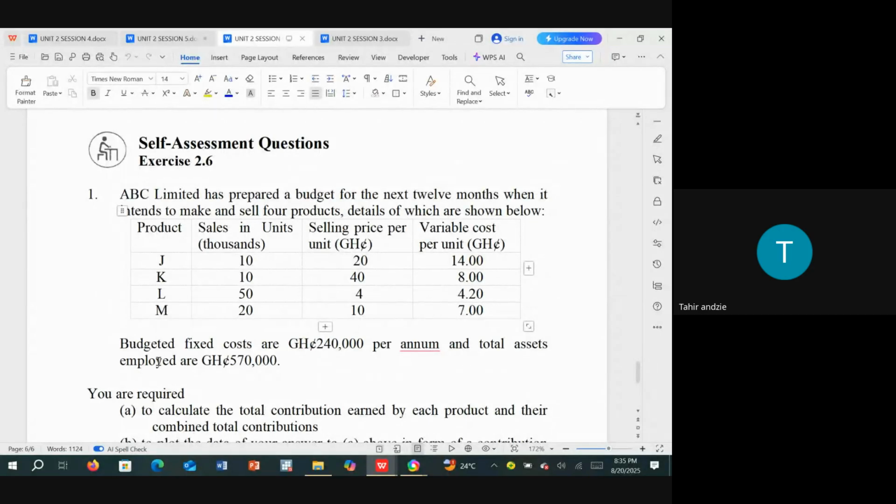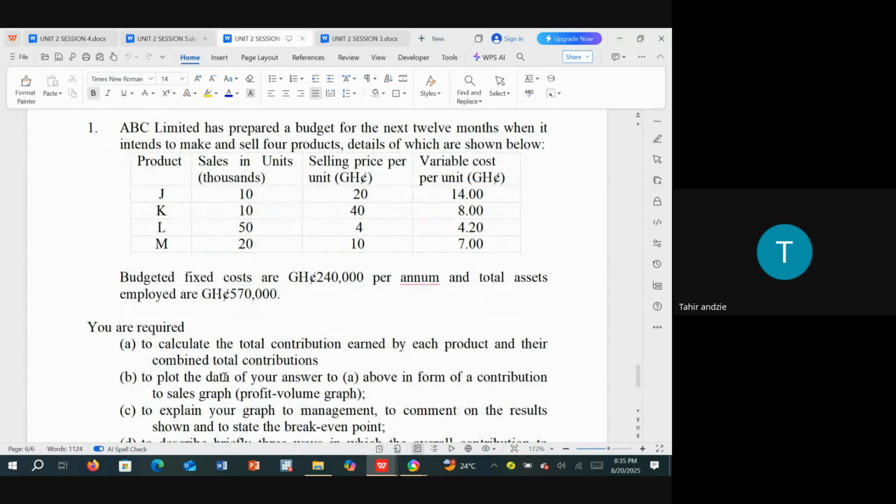The budgeted fixed costs are 240,000 per annum, and total assets employed are 570,000. You are required to calculate the total contribution earned by each product and their combined total contribution.